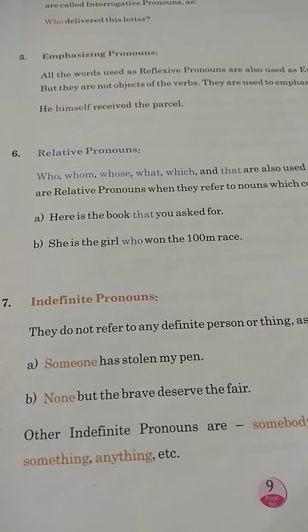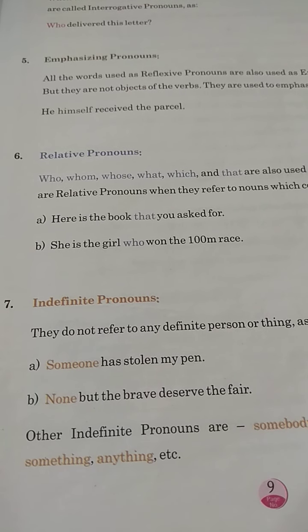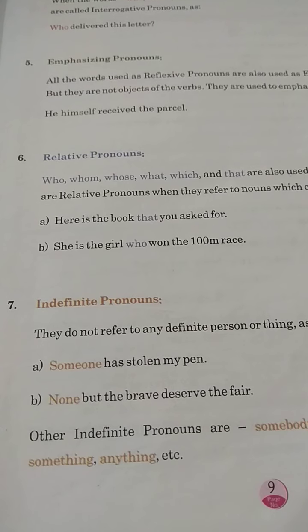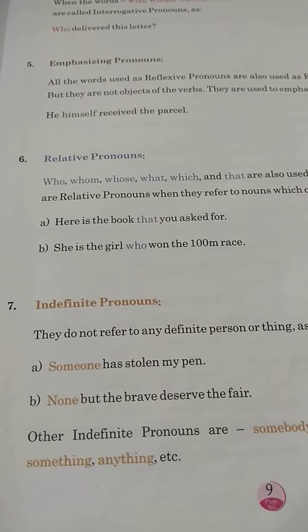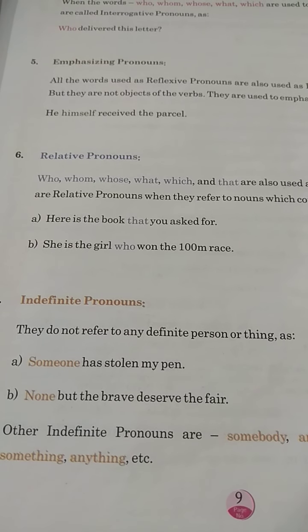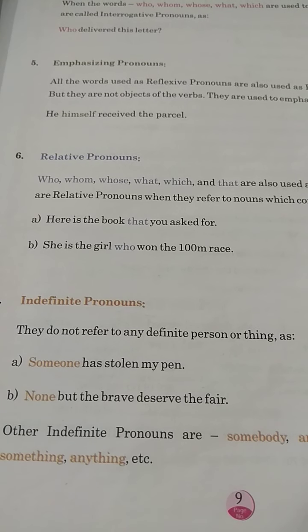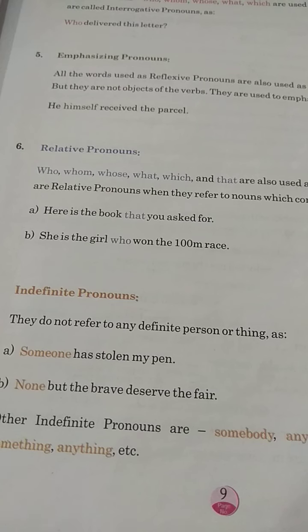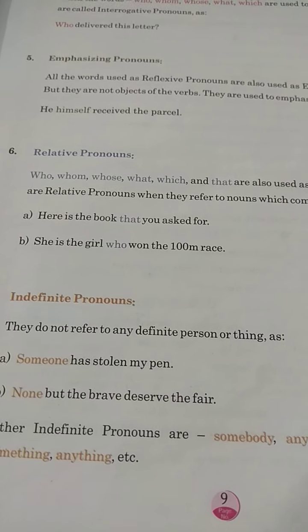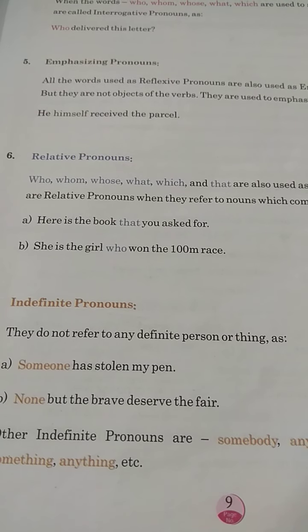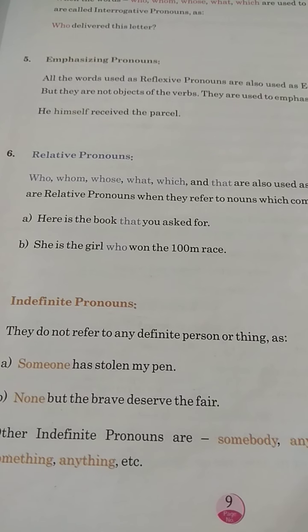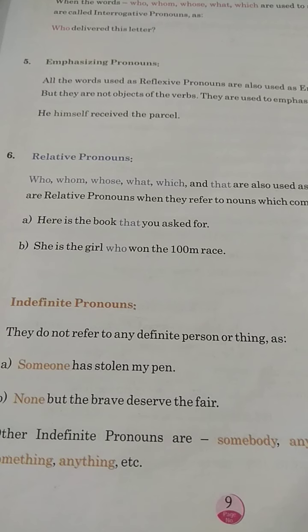She is the girl who won the 100-meter race. Let's see a few more examples of relative pronouns. This is Seema, who painted this picture. It was Mr. Raman whom we met yesterday. That's Rahim, whose father is a doctor.